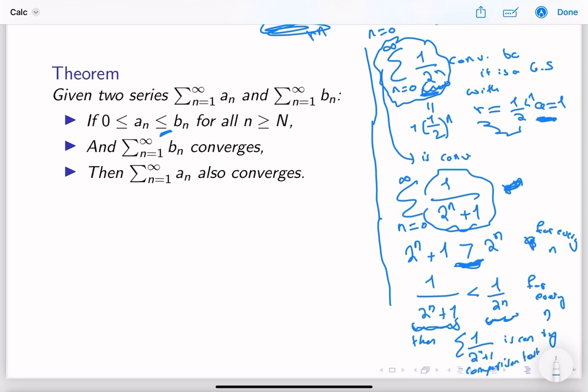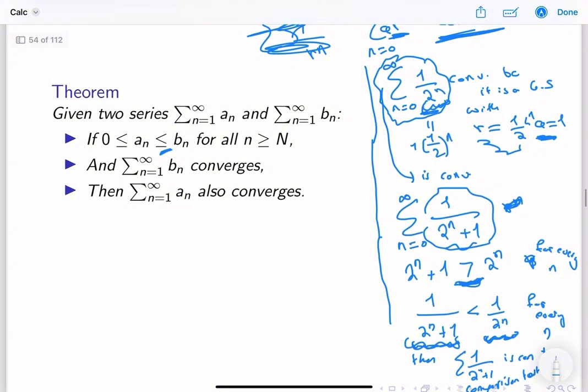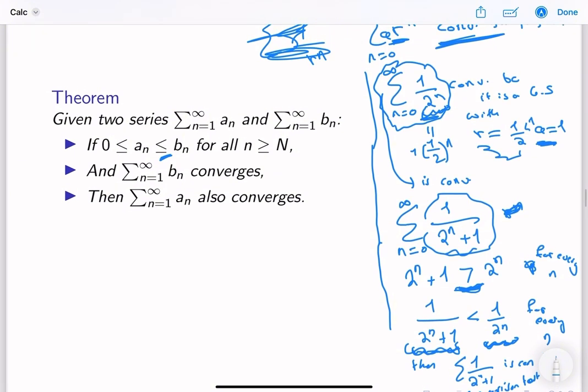Right? So it's kind of, quote unquote, telling you that you can sum both sides of the inequality, and thus since the right hand side is less than infinity, then the left hand side will be less than infinity. Okay, so this is the example. So this is the idea of the comparison test.